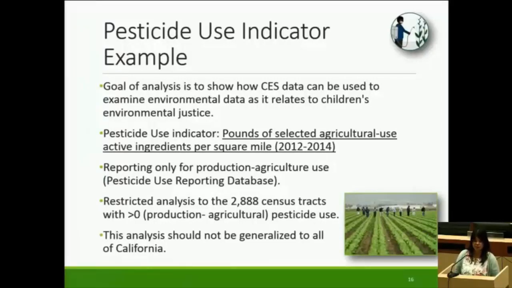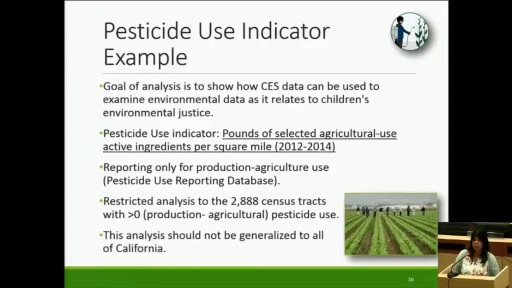It's kind of a handful, but we selected 70 pesticides that fall into this indicator that are hazardous and more volatile, so there is more likelihood of exposure. And we look at the total pounds of the selected active ingredients per square mile in that census tract, so we can compare across the state.